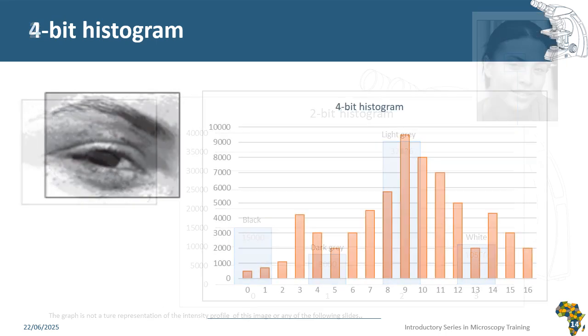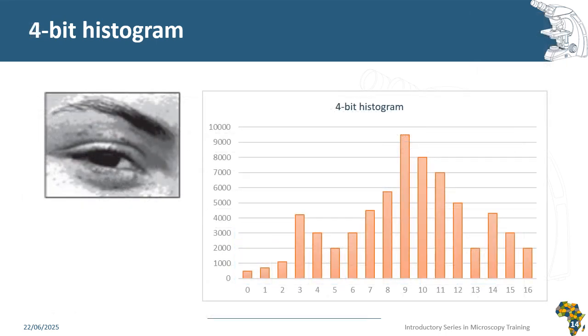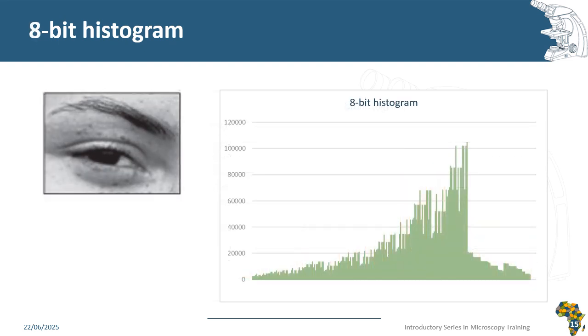This is, for example, with 4 bit, and you see that we can have 16 levels, from 0 to 15. And then when you pass to an 8-bit histogram, you have 256 gray levels. That means you can represent your eye like this, and you start to see a lot of shades of gray in terms of intensity.